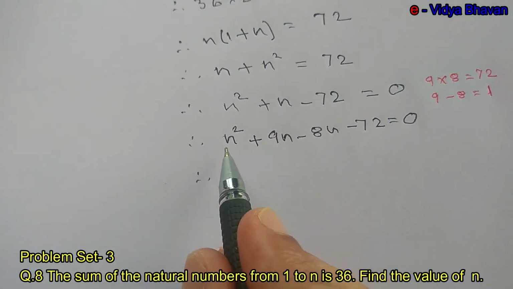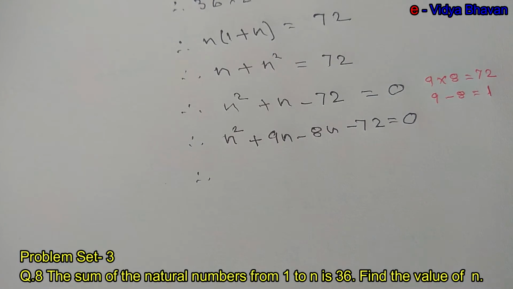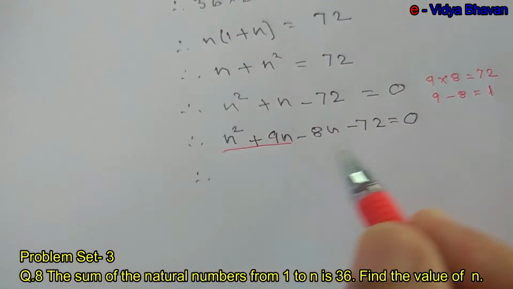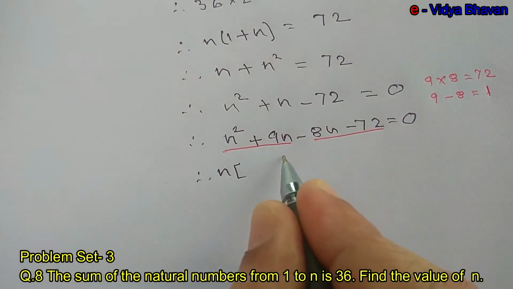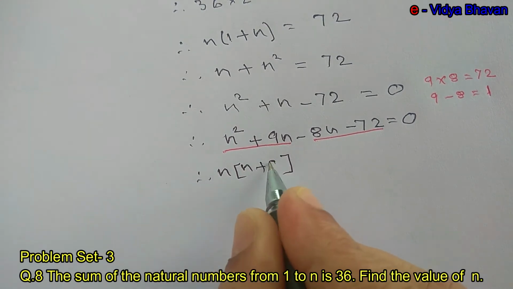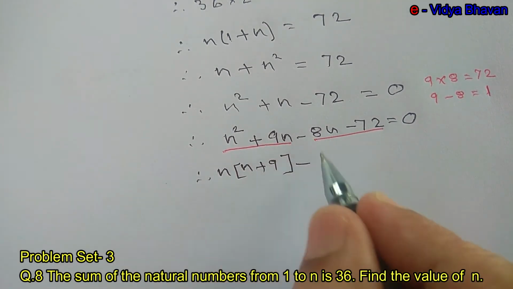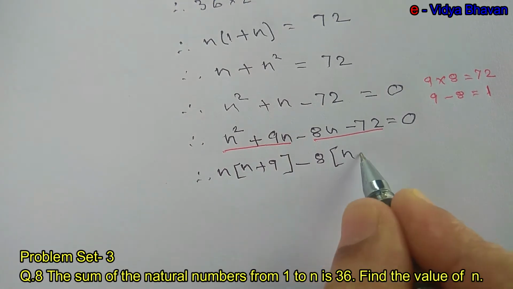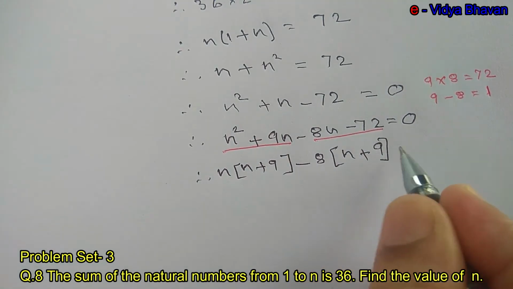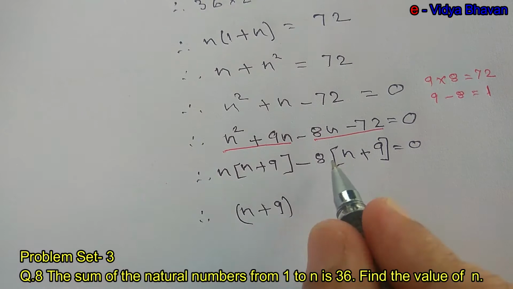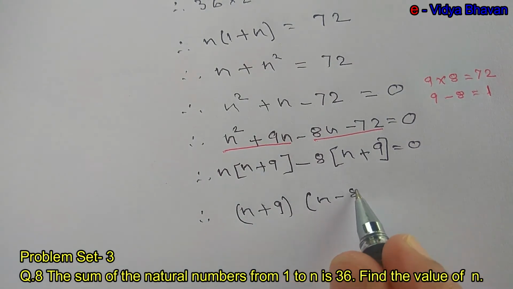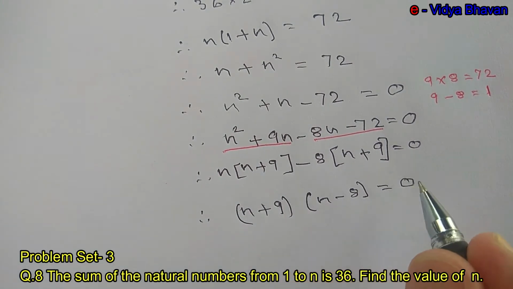Further we can have, here we can take n common, and here we'll take 8 common. n into n plus 9, and minus 8 into n plus 9. Further we can have n plus 9 in one bracket and n minus 8 in the second bracket.